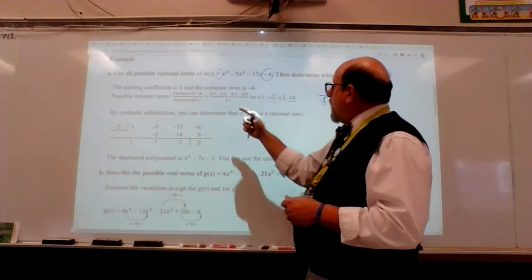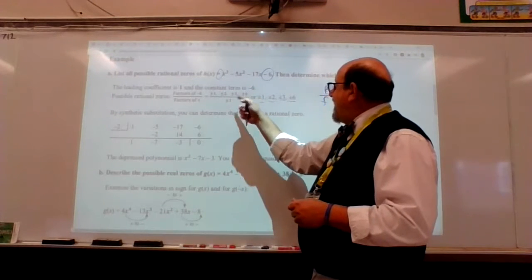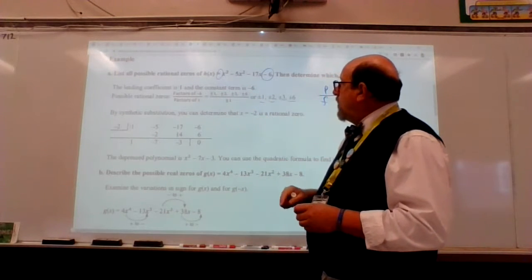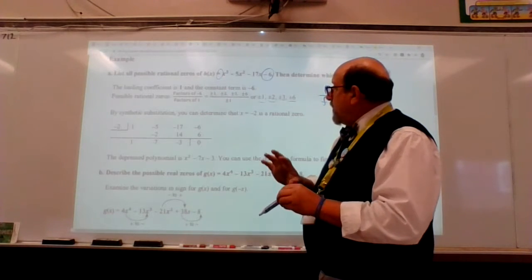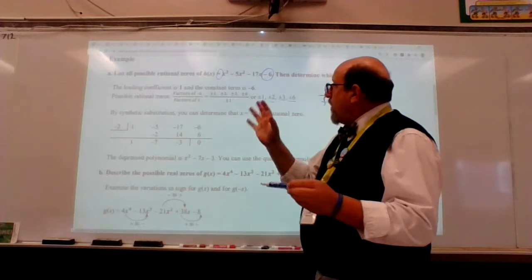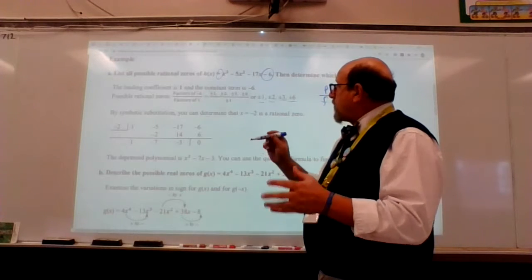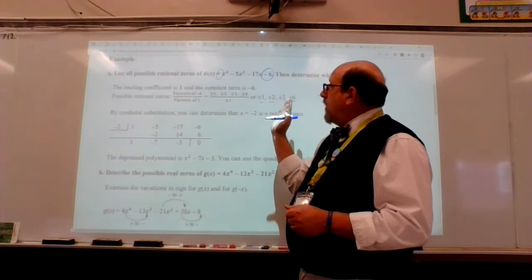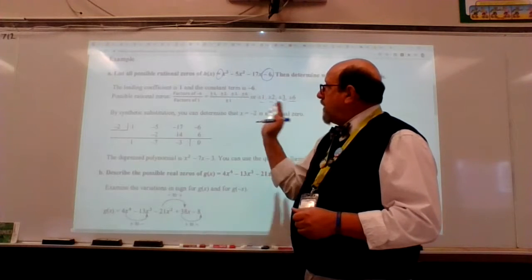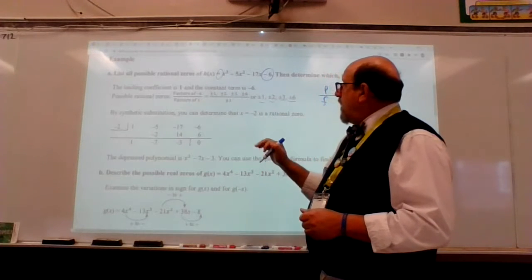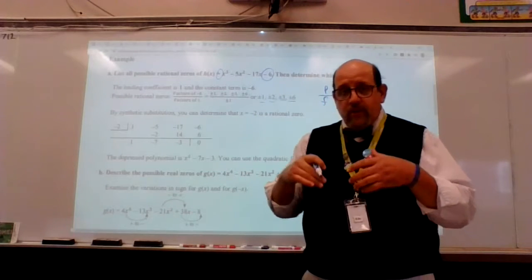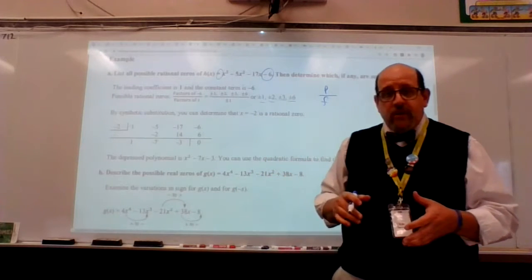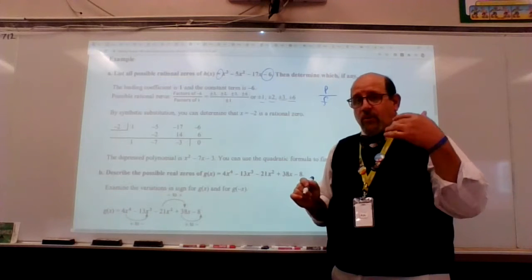So right now, we only have 8 possible rational zeros, but we don't know which ones actually fit. So we're going to start doing some guess and test. We'll start here with negative 2.